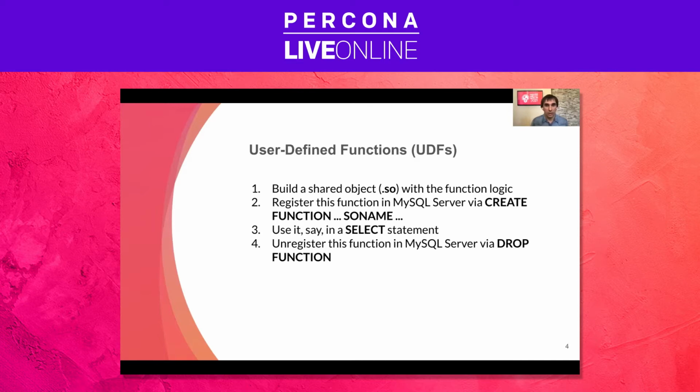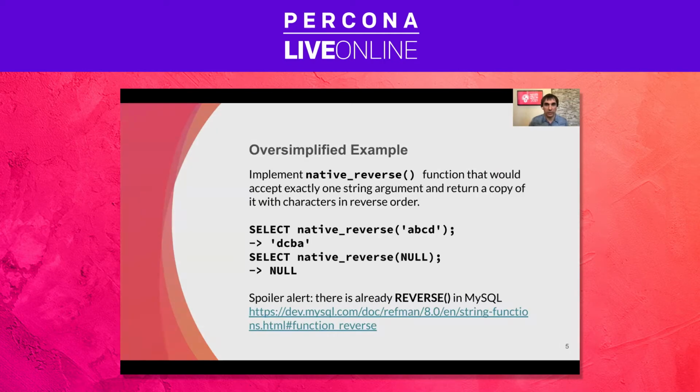After that, we can use it as any other standard built-in function, for instance, in a SELECT statement. And after we are done, we can unregister it with DROP FUNCTION. Nothing special here, and we will mostly be concentrating on item 1 from this list: how to build this shared object.